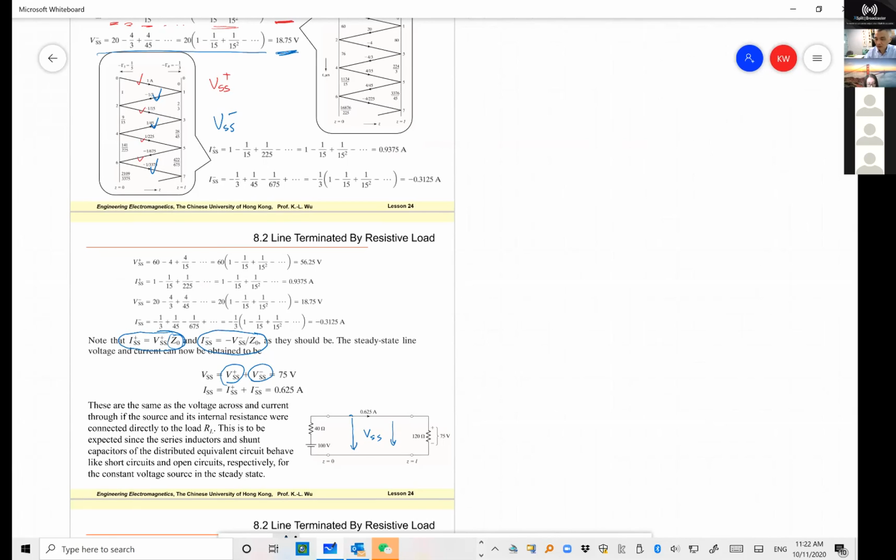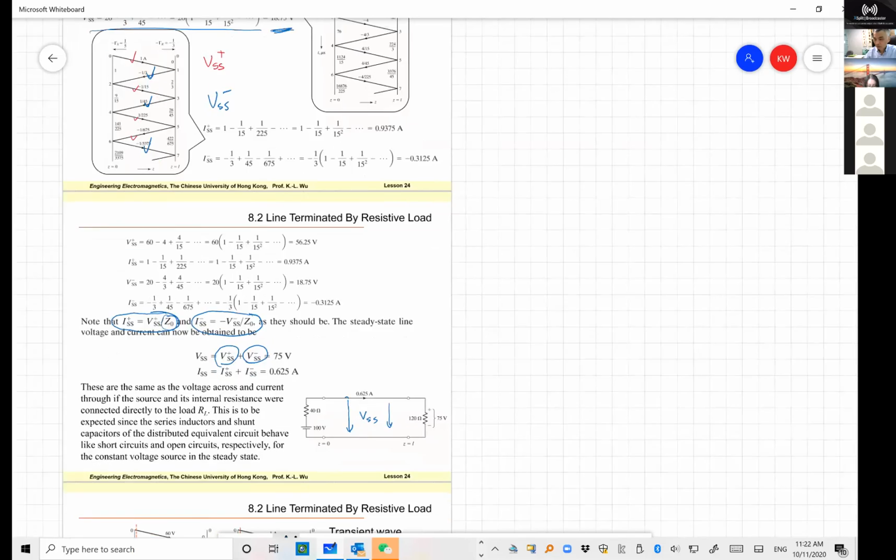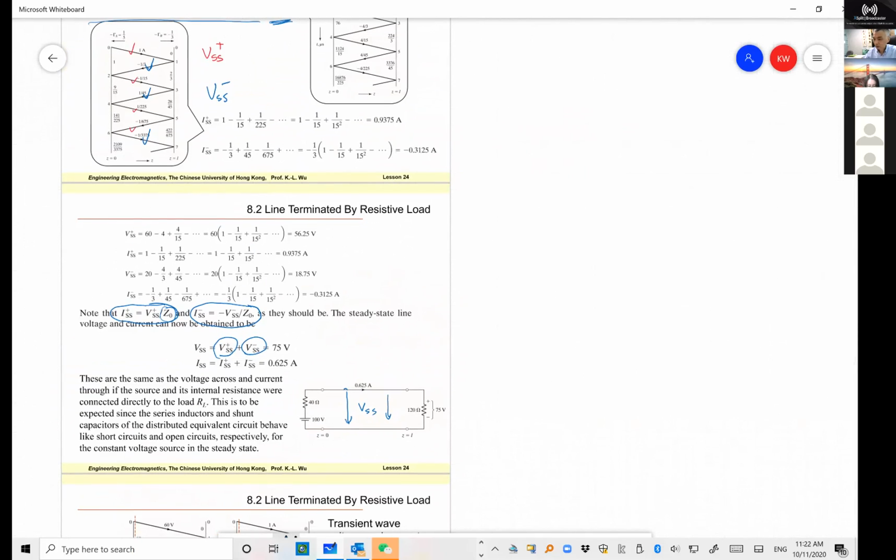So this is exactly equal to what you get if you connect the load directly to the source. You see, I didn't draw a transmission line. Why do I draw a transmission line? Because the size matters.